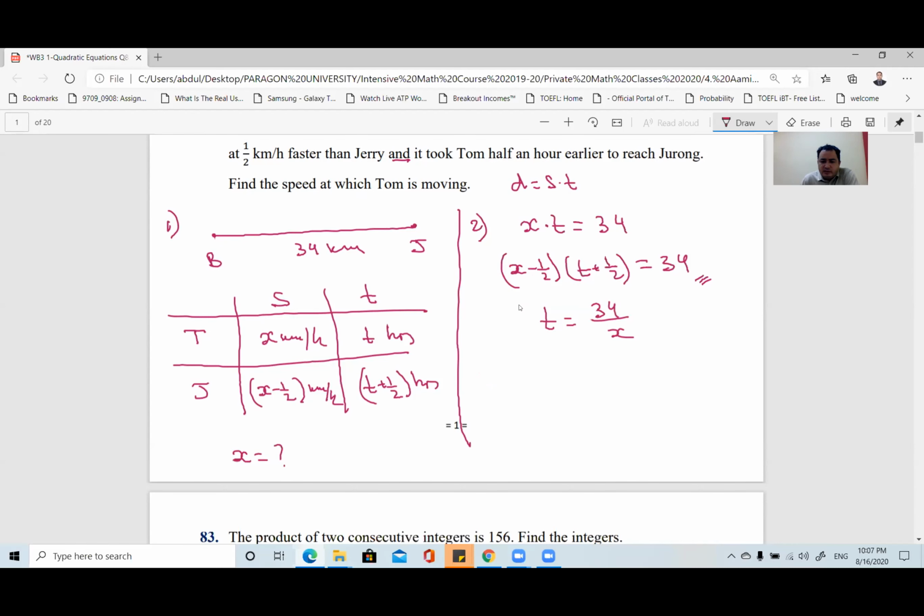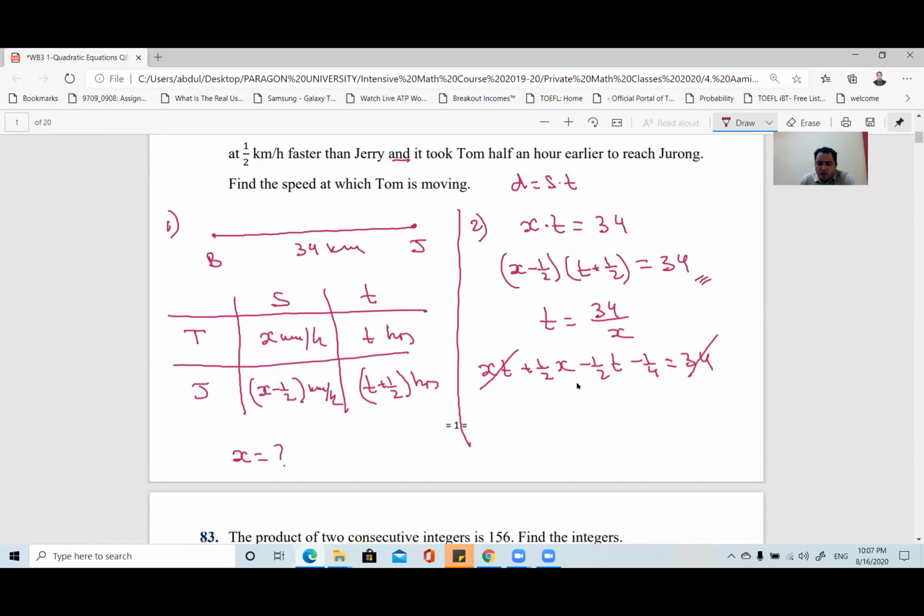If you expand this, x times t, x times 1/2 gives plus 1/2 x, negative 1/2 times t gives minus 1/2 t, minus 1/2 times 1/2 gives minus 1/4, equals 34. Now from the first equation, x times t equals 34, so we can cancel out from both sides, right?